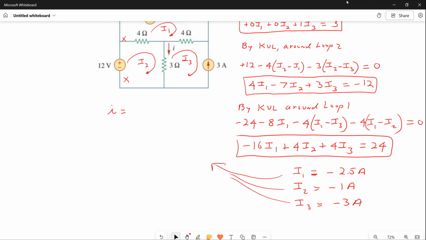Think of that. Well, it goes in the same direction as I2, so I has to equal I2 minus I3. If you let the math do the work, you're going to get I equal to a negative 1 minus a negative 3. You're going to get I equal to 2 amperes. And that is the answer to this problem.